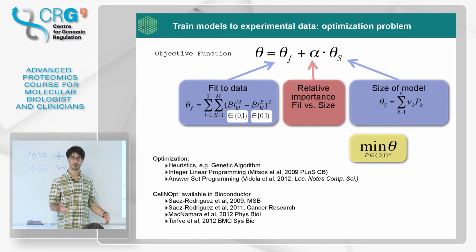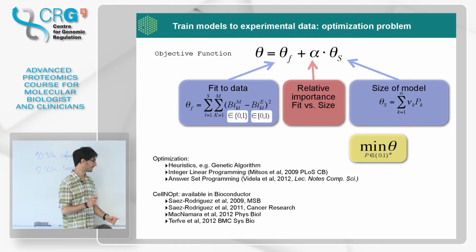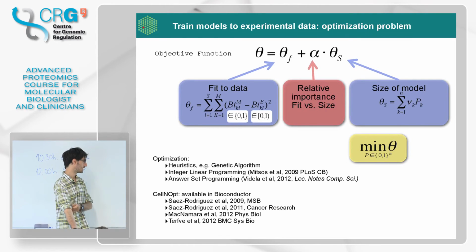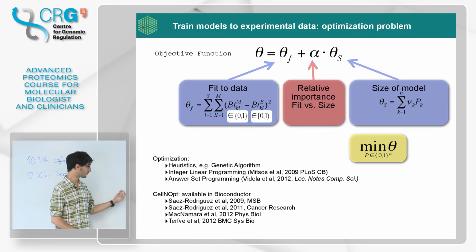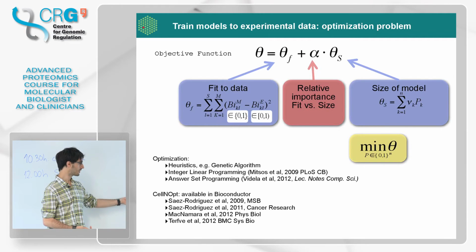Good. So this optimization problem is run automatically, so you just hit optimize, as we will see later, if you want to use it as a starting option, and it can be done using heuristic approaches, such as a genetic algorithm, which was the first one that we used, or that Julio actually used in his paper here. And you can also use different optimization methods.